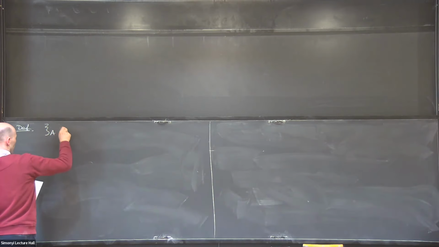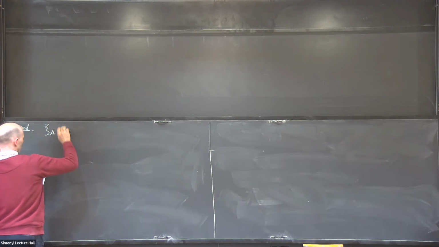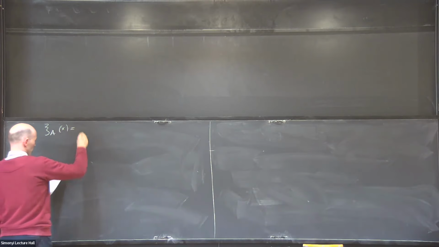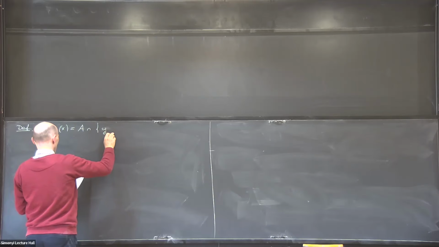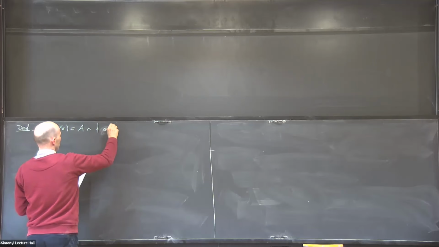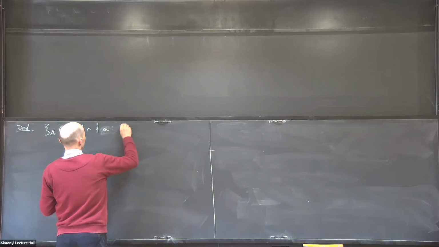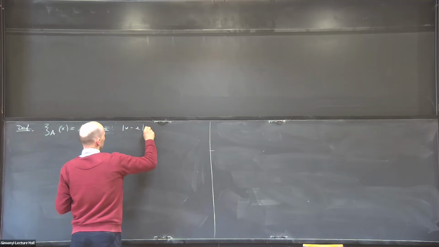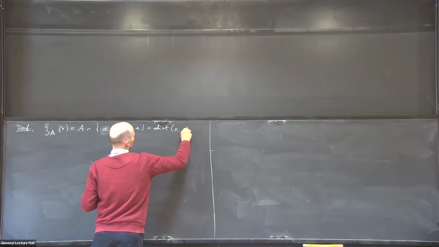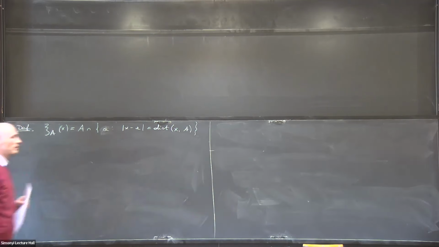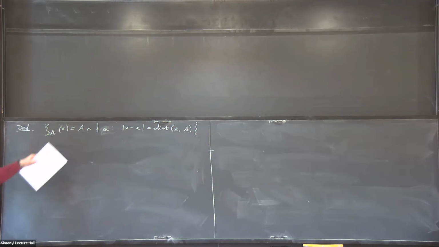We define xi to be a multi-valued map, the so-called nearest point projection. This is the set of all y in A such that |x - y| equals the distance of x to A. There might be many points like that, so it's a set. So it's a multi-valued map.